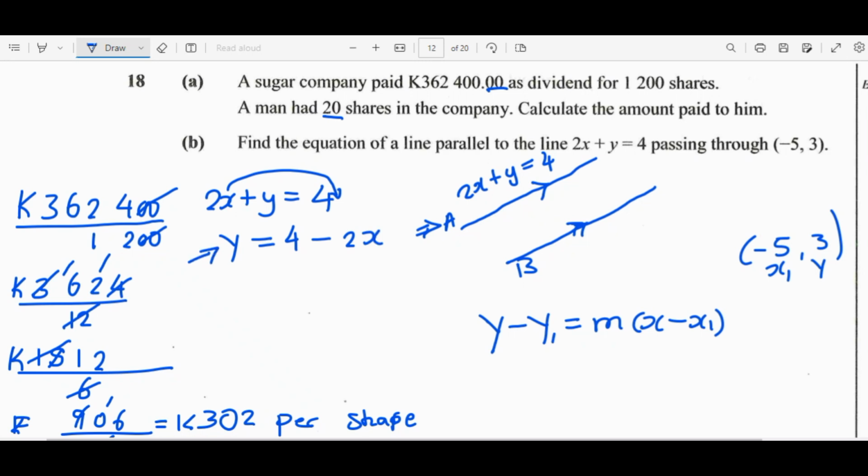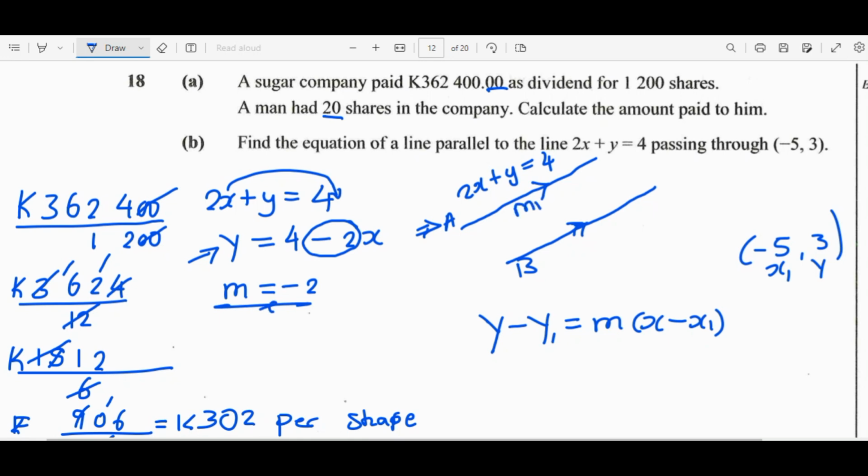After we make y the subject of the formula, where there is y, you now substitute with m, which is a symbol for gradient. Then the final answer is the coefficient of x, which is -2. So this is our gradient.